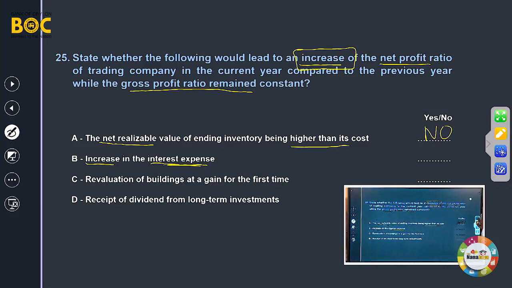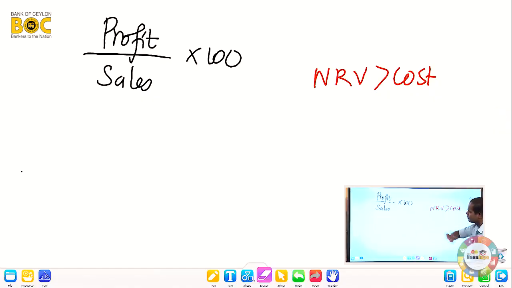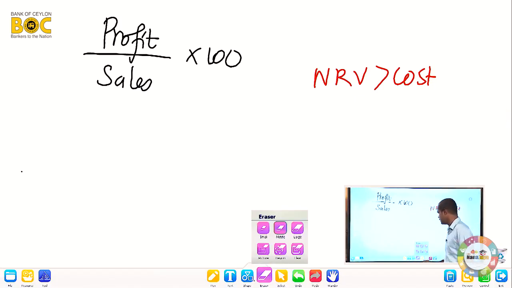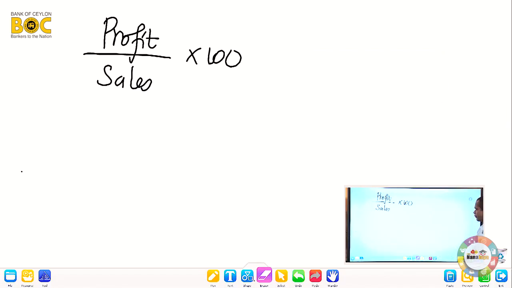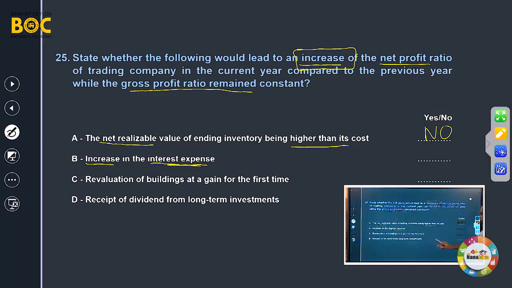Right. We have the formula: profit for the period divided by sales, multiplied by 100. Then the interest expense.